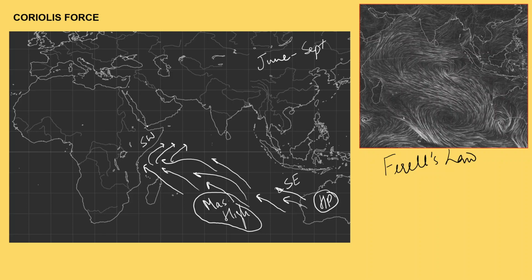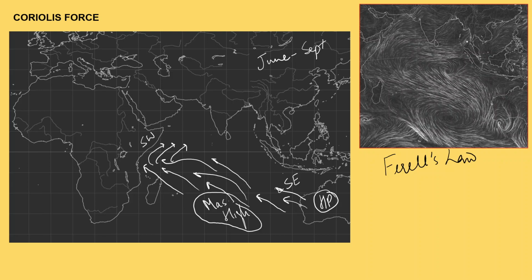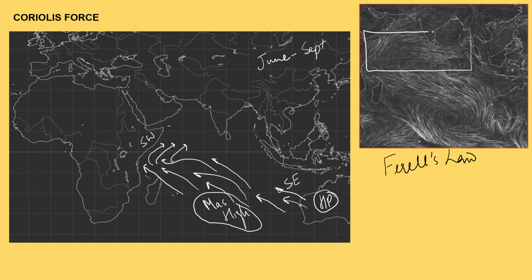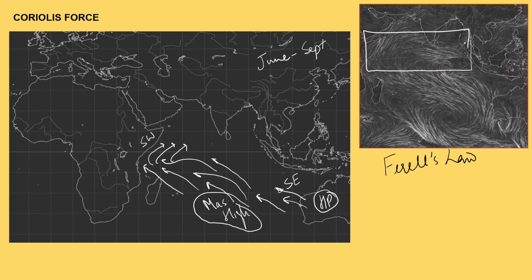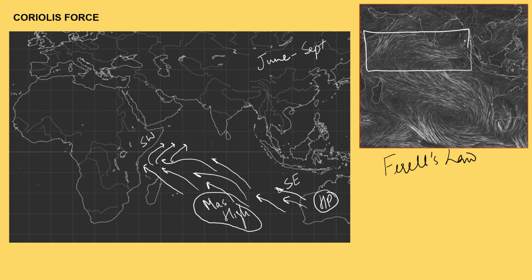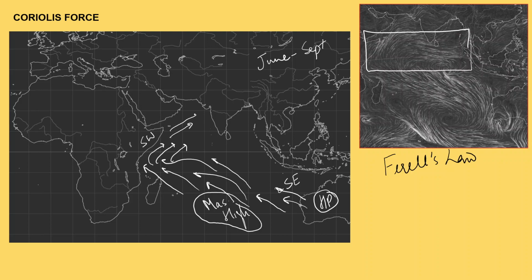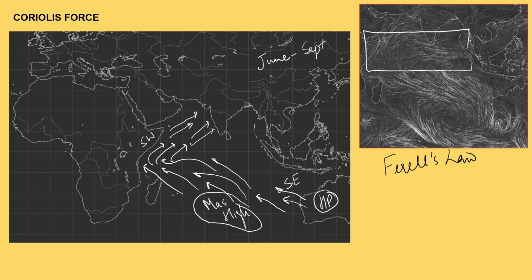So it becomes very evident, if you focus on this zone over here, that the Coriolis effect is one of the major factors that impacts the strength of the Indian monsoon.